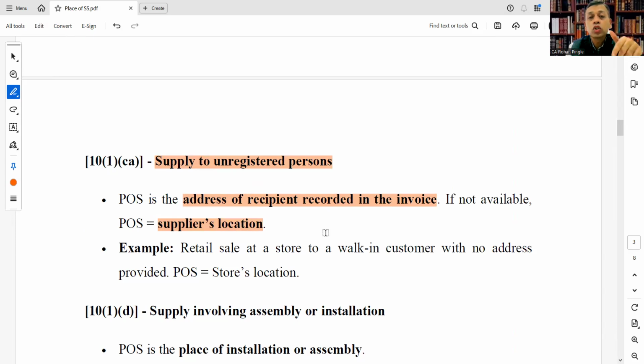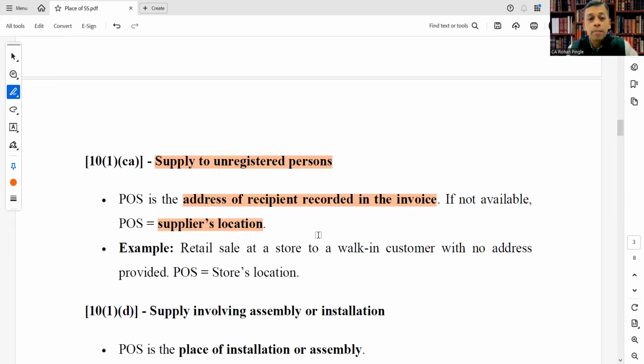In that case, place of supply is the address of the recipient recorded in the invoice, that is, in the tax invoice. If that address is not available, then place of supply will be the supplier's location. There are two scenarios in this.